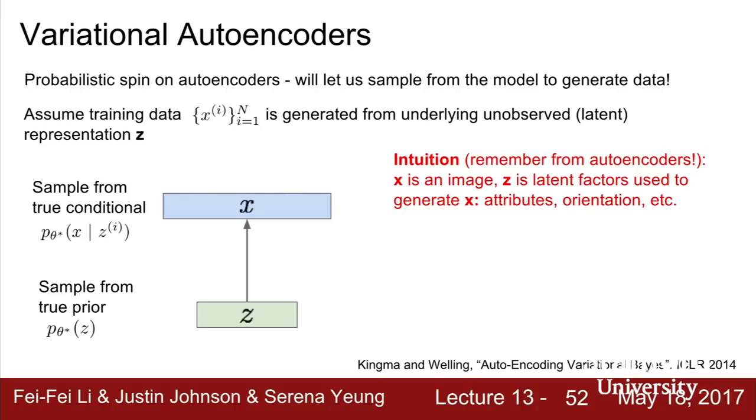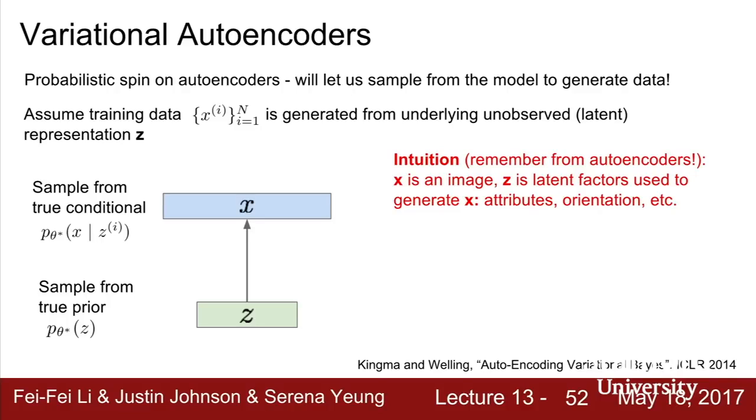Right, and so our generation process is that we're going to sample from a prior over z. For each of these attributes, for example how much smile there is, we can have a prior over what sort of distribution we think there should be for this. So a Gaussian is a natural prior that we can use for each of these factors of z. And then we're going to generate our data x by sampling from a conditional distribution p of x given z.